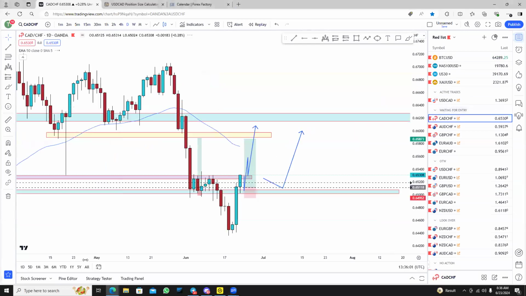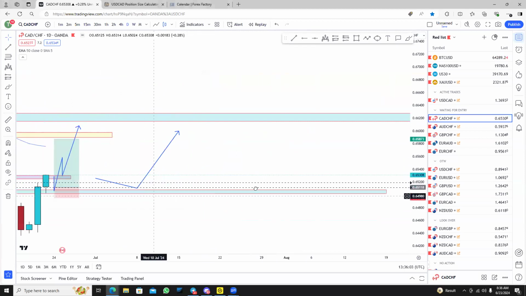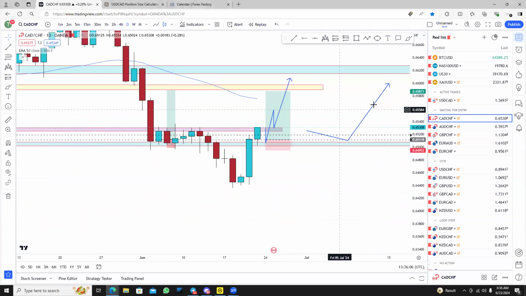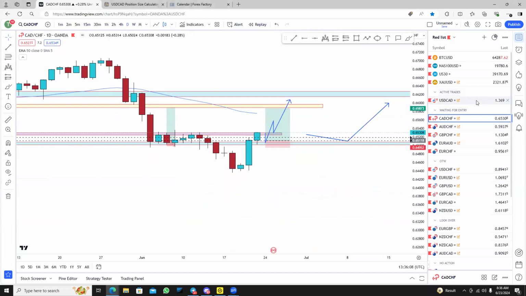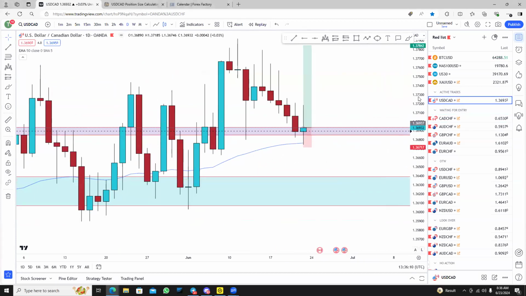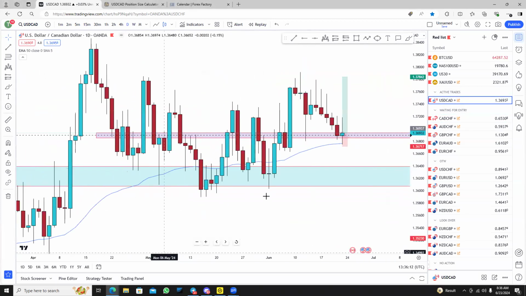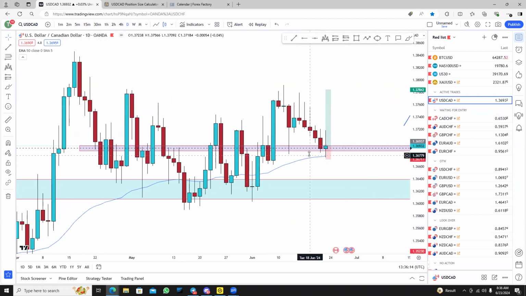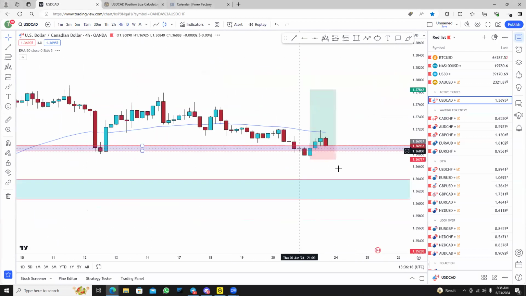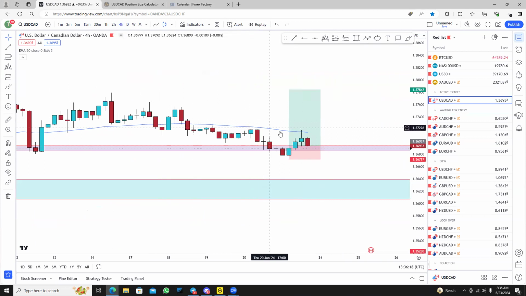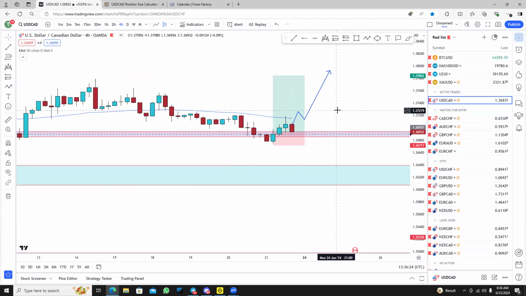All right, let's go over some weekly breakdowns. Currently I am in USD CAD right here. I'm sitting in, waiting for the break of this 4 hour. I want to see it come up and continue going up there.